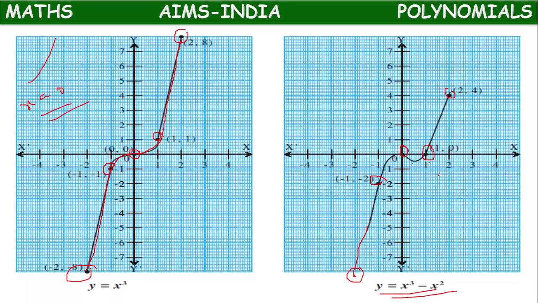So this is touching the x-axis at 2 points. One is 0, another one is x equals 1. We are getting only one zero in the first case, and 2 zeros in this case.